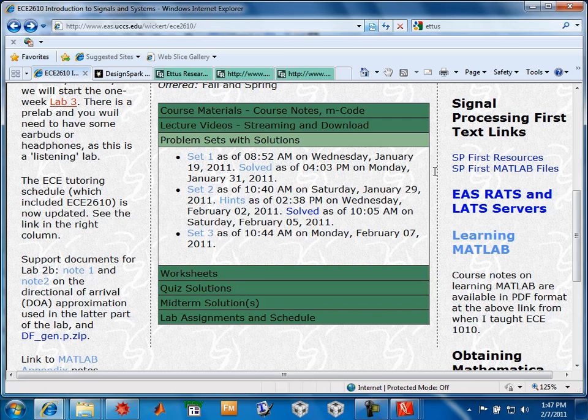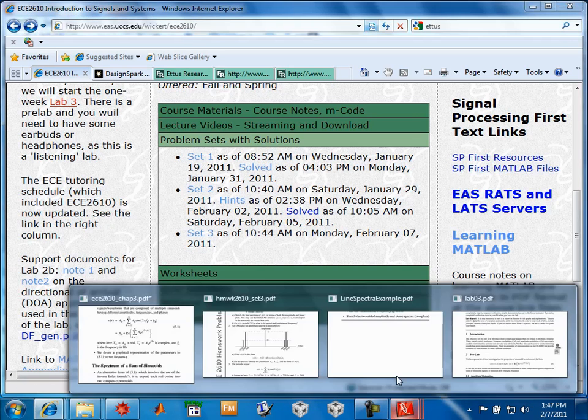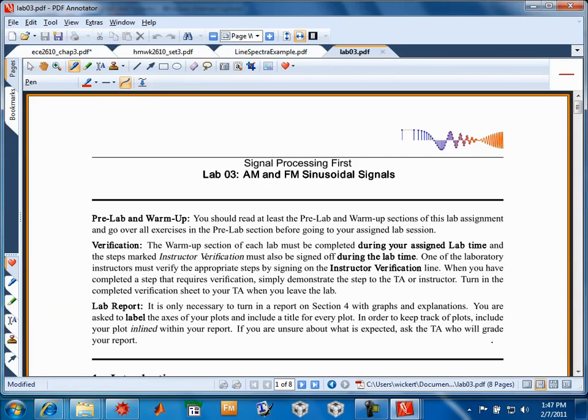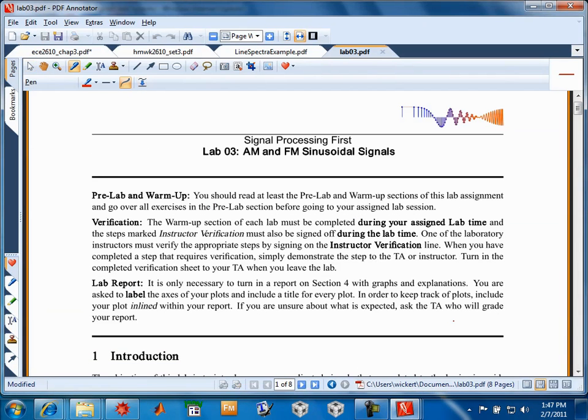There is a pre-lab that goes along with lab number 3, and lab number 3 is actually a very short lab. It doesn't have nearly as many steps to it as lab number 2B did, but it's only 1 week, so we'll be on to something else after this. This one begins the hearing experiments where you're going to be bringing headphones and listening to things.